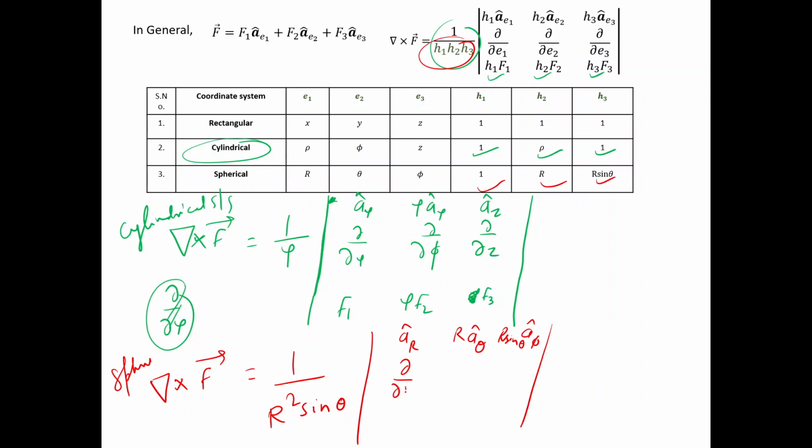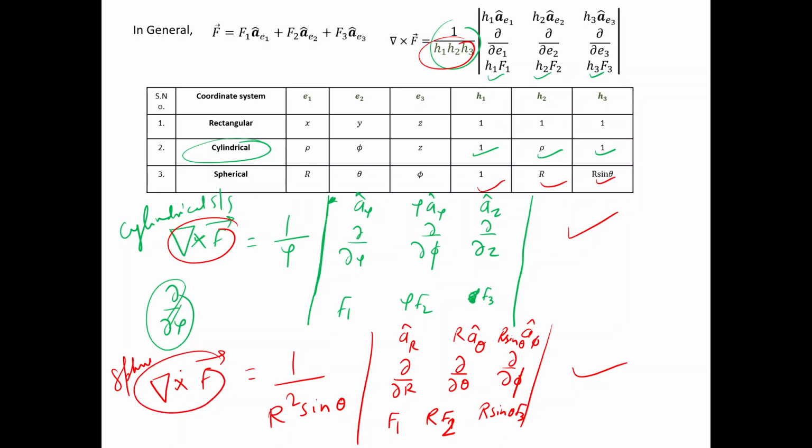Similarly dou upon dou r, dou upon dou theta, dou upon dou phi, and this will be f1, r f2, and r sin theta f3, and you can find the determinant, and hence you can find the curl of the vector f in cylindrical as well as spherical systems.